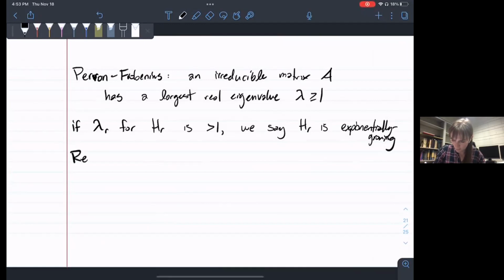So the relative train track map. This is a brave thing that I decided to do. I don't know why, but here we are.